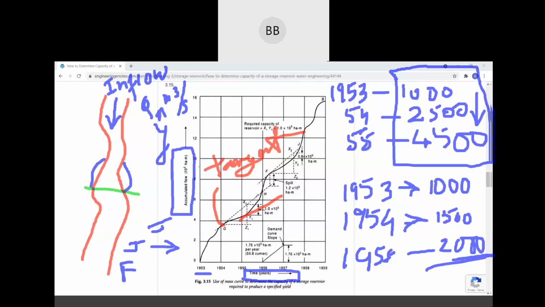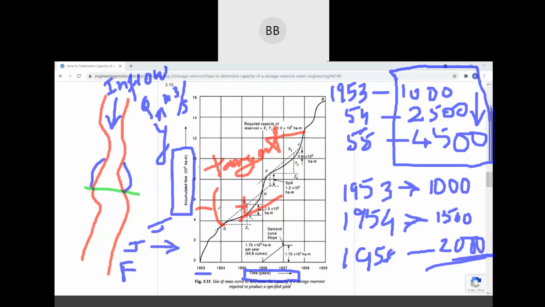Then we have to find out at which point, if you draw a straight line parallel to the y-axis, it intersects the tangent line. Suppose if you draw a straight line at this dry point, it intersects this tangent, that is the dotted line, at some point.